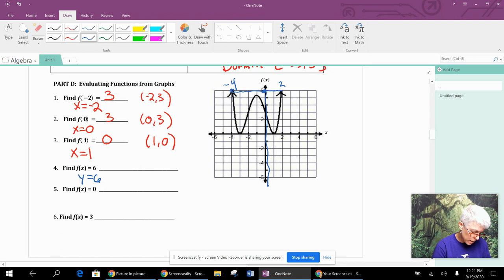So that means that on this one, where y is 6, x equals 2 and x equals -4. So these ordered pairs will be 2, 6, and -4, 6. Actually, pause and do the next one.